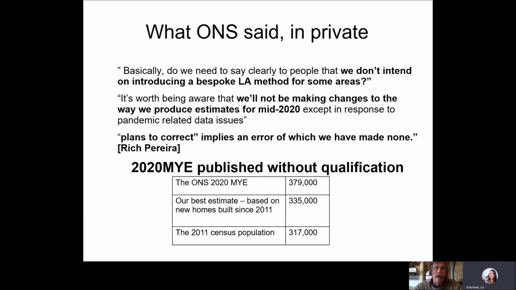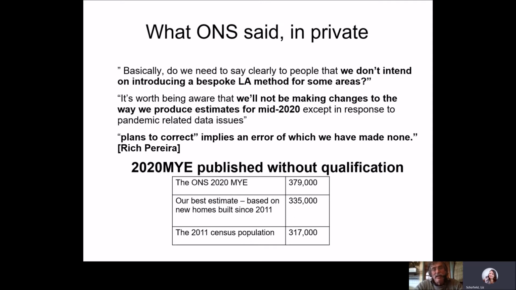And this is my favorite one, which summarizes hundreds of emails. This is from Rich Pereira, who is the director of their population division. I've not named the people in the other bits because I don't want to blacken their names. But I think Rich Pereira is really the one responsible for all this. And he writes in response to a journalist who asked, are there plans to correct the mid-year estimates?